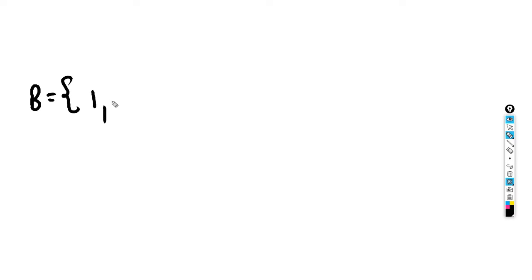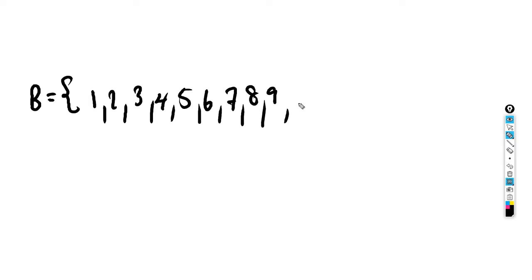And the set would be 1, 2, 3, 4, 5, 6, 7, 8, 9, 10, 11, 12, 13, and it would just pretty much be all the numbers, okay? And yeah, it's pretty much the same thing as the natural number set, okay?